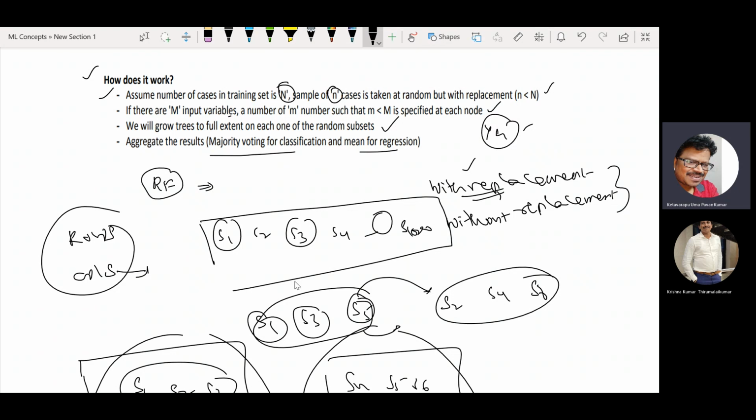Remember, guys, whether KNN, support vector machine, decision tree or random forest, one commonality is there: you can use these algorithms for either classification or regression. Remember one point: in classification, you observe the majority voting, whereas if you use these for regression, you take the mean value.